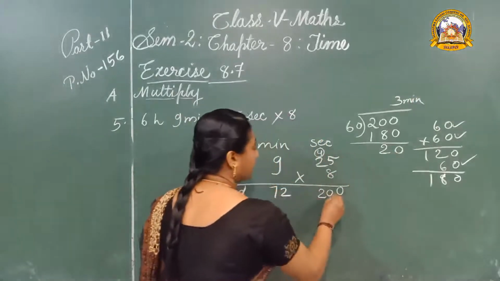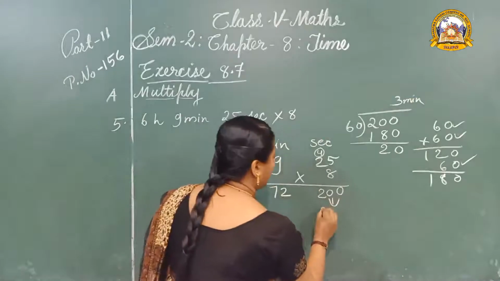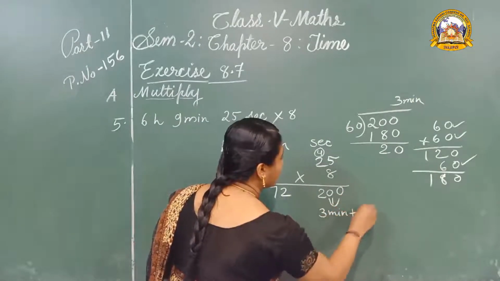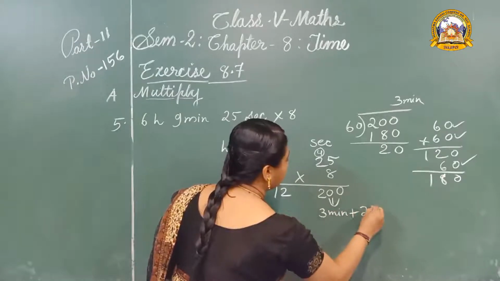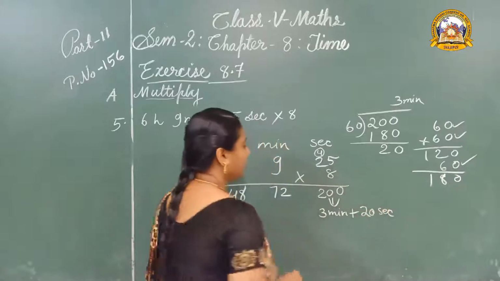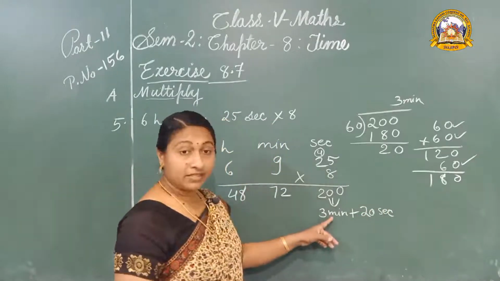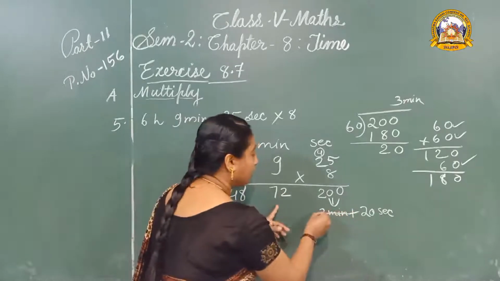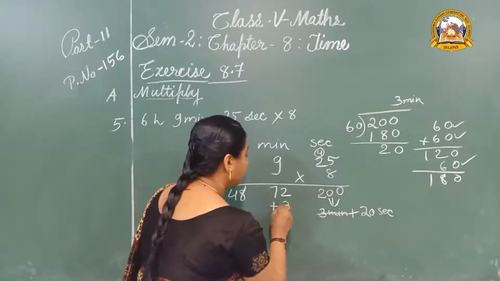Okay, it is split as 3 minutes plus 20 seconds. We can carry this 3 minutes to the minutes column. Okay, cut it and add with minutes.